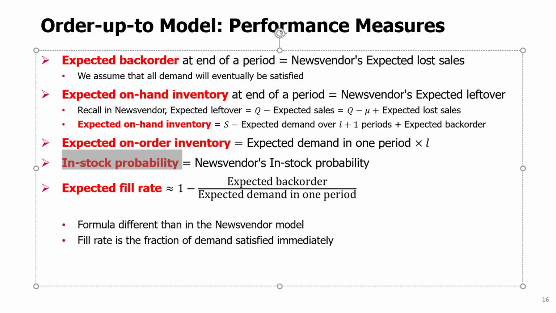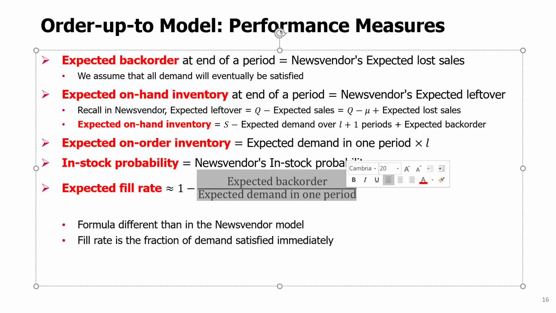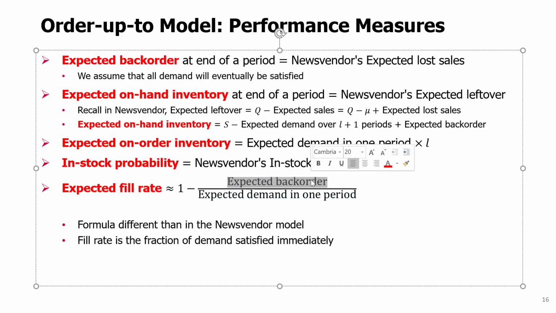And finally, expected fill rate will have a different formula, because in this case we have to take 1 and subtract the percentage of demand that is not satisfied. Expected fill rate is the percentage of demand satisfied immediately. What is not satisfied immediately is the expected backorder, and out of the total demand in one period, the expected value of which is expected demand in one period.